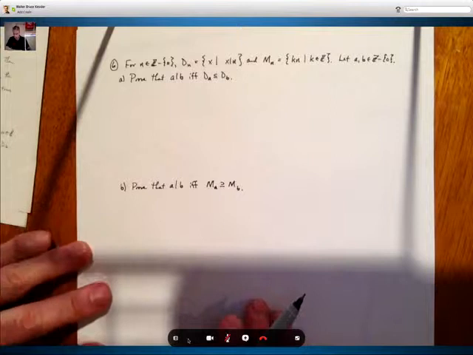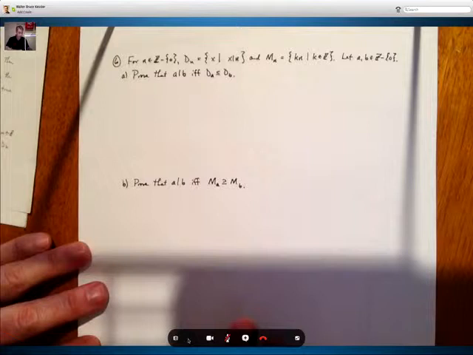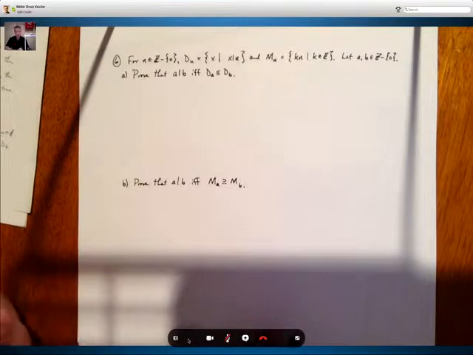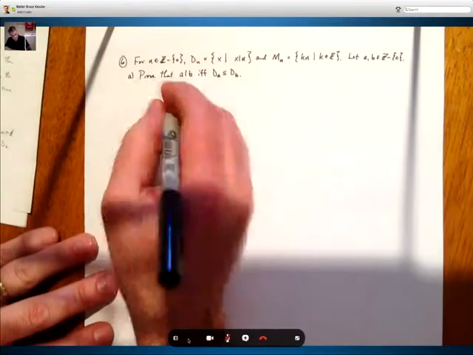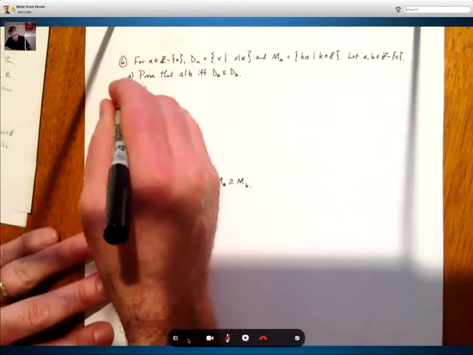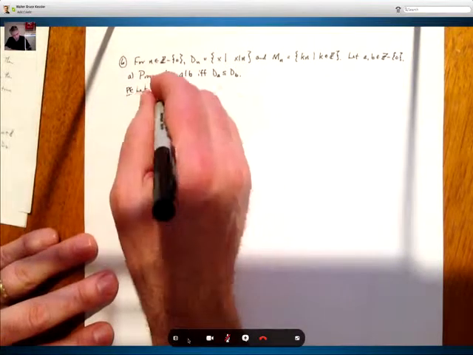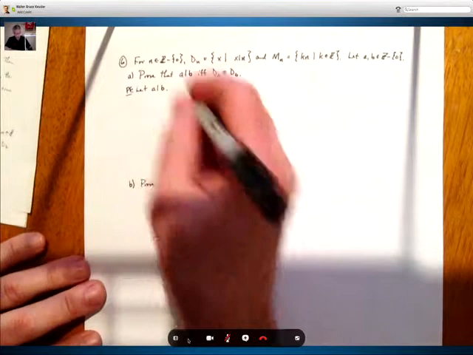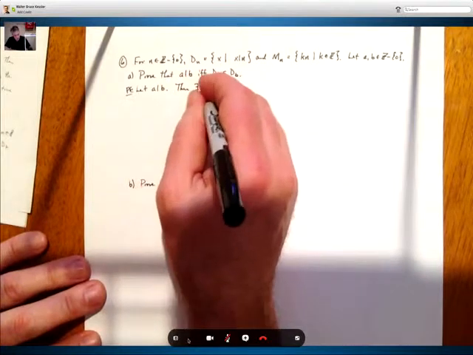And so in problem A here, we want to prove that A divides B if and only if the set of divisors of A is a subset of the set of divisors of B. So I think this is fairly straightforward. My proof: let's let A divide B. Okay, then what does that mean to us?